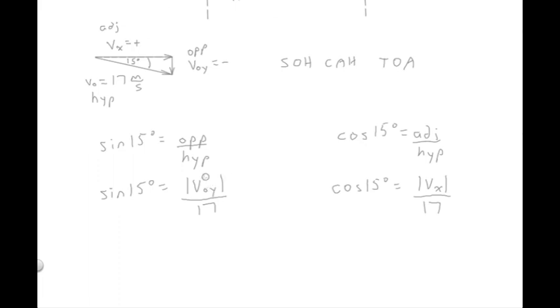And in fact, in this problem, that makes a big difference because actually this component is negative, so it really is wrong to use this symbol in the SOHCAHTOA equation because we can't use a negative value to represent a length. So it really is more accurate to use the absolute values here. It doesn't matter that much on this problem whether we use absolute values for Vx because Vx is positive anyway.